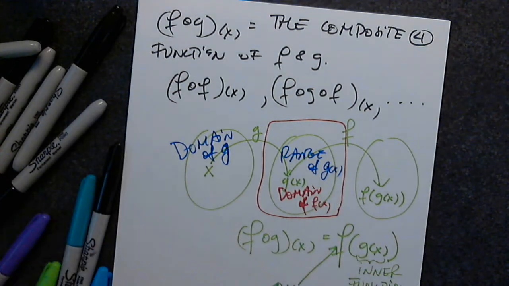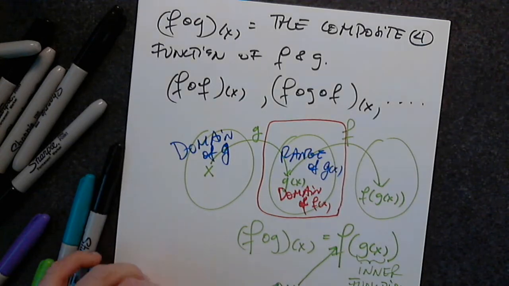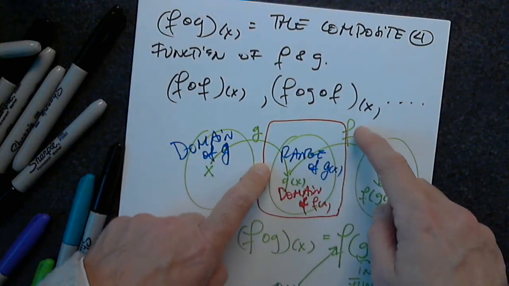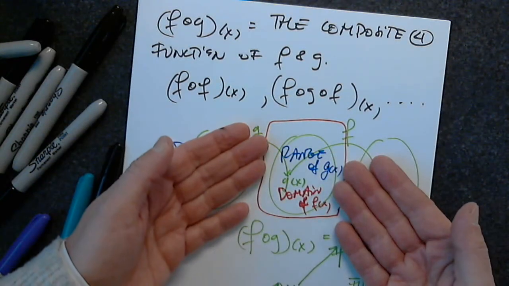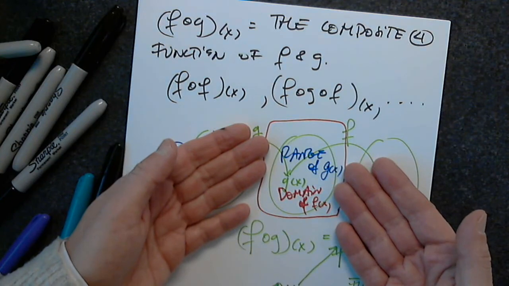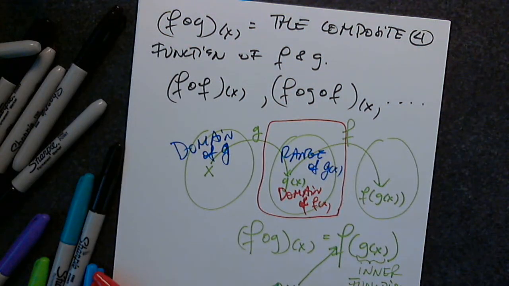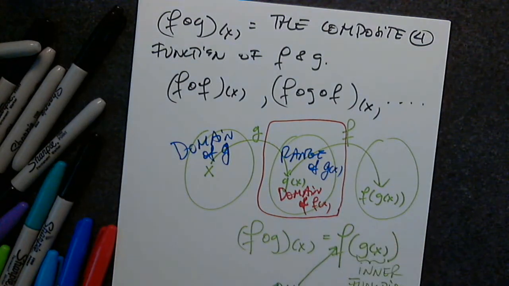So here, the common domain means nothing. They may have a common domain or not. No, we don't care. But the potential problem is that the range of function G and the domain of function F may not work well together. You're not going to be asked in this class to determine the domain of a function composition, however. But I just wanted to point out, this is not a question of common domain.